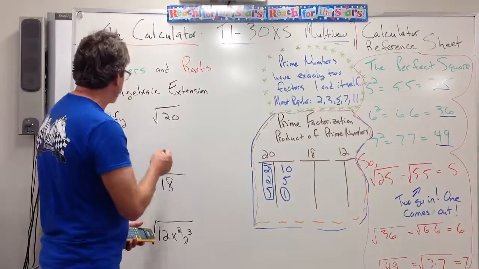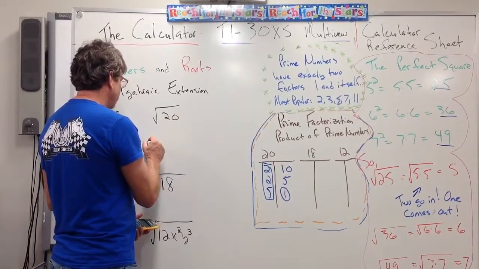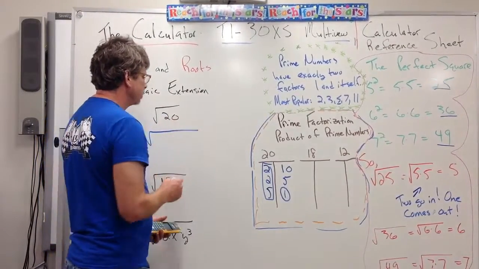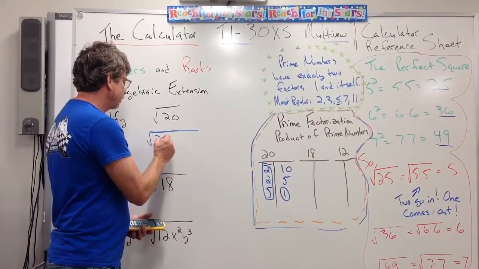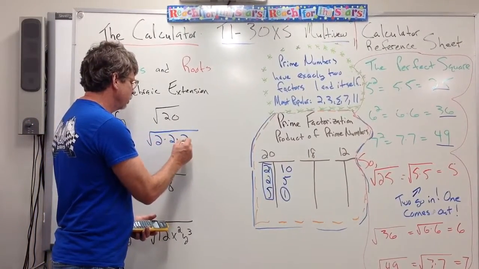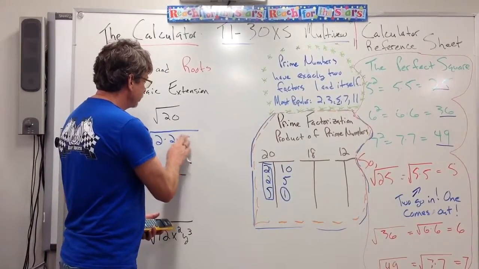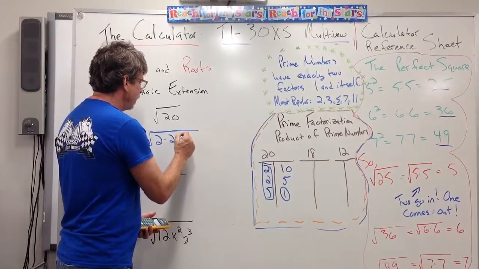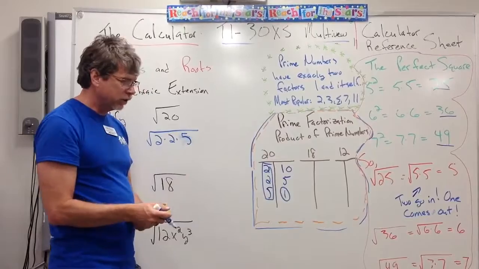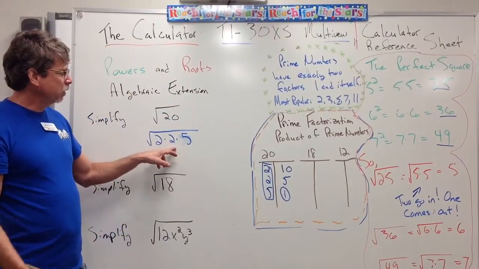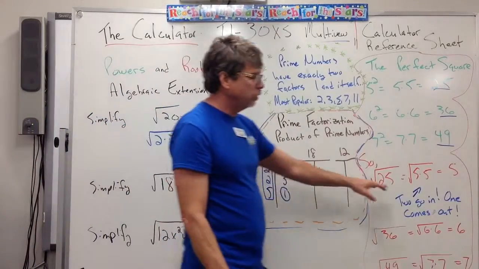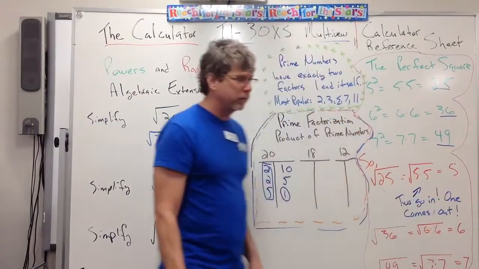So when I come to this problem, the square root of 20, what I'm allowed to do is rewrite it as a prime factorization, 2 times 2 times 5. I'm allowed to make a prime factorization out of it. Now to simplify it, since it's a square root, I'm looking for the two go in, one goes out concept.